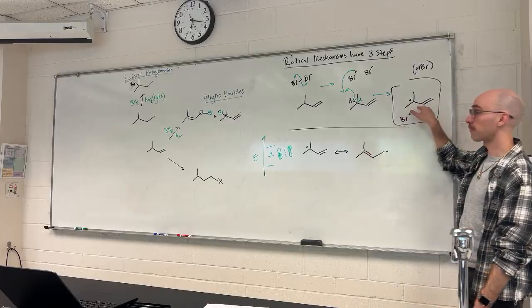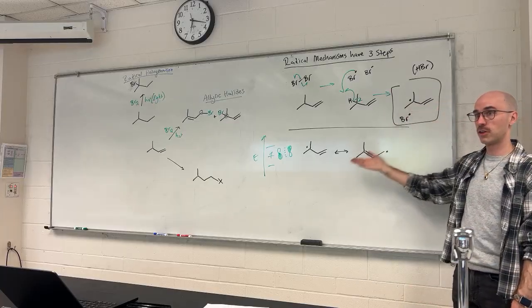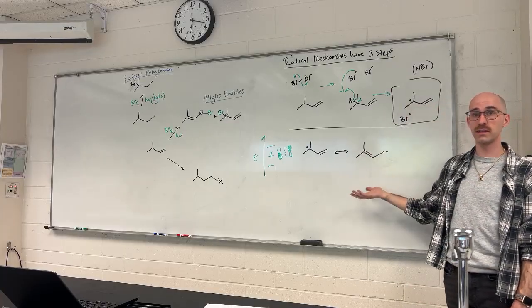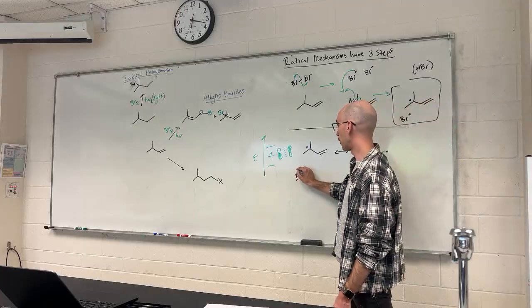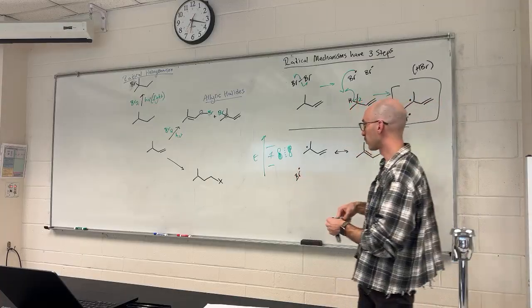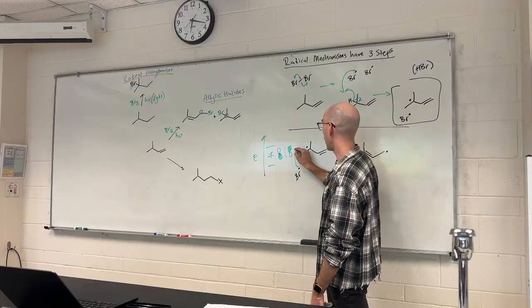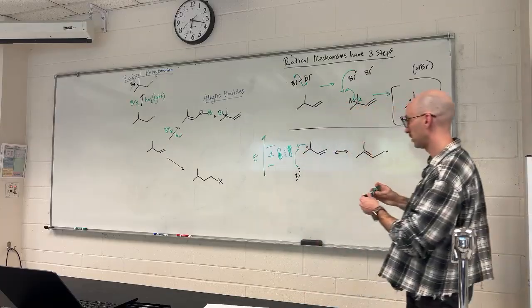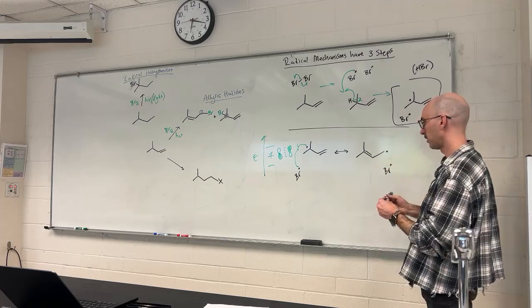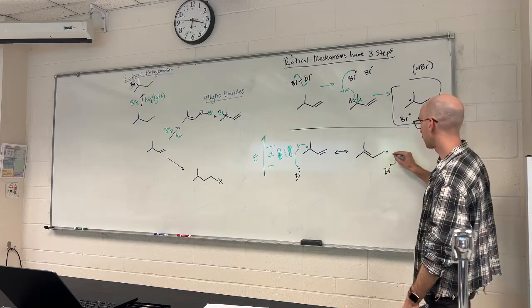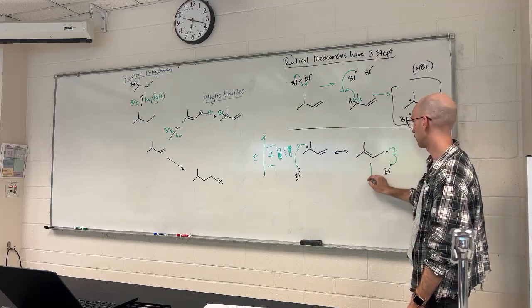So when I form my allylic radical, there are two possibilities that happen next. One possibility is that the bromine radical reacts with the radical at the tertiary position. The other possibility is that the bromine radical reacts with the primary radical.